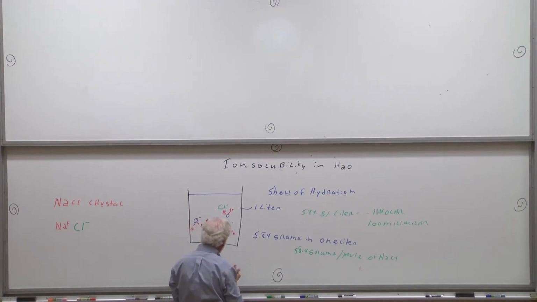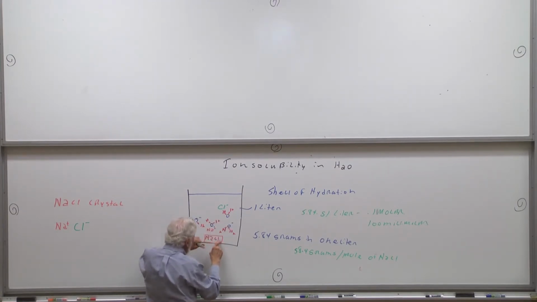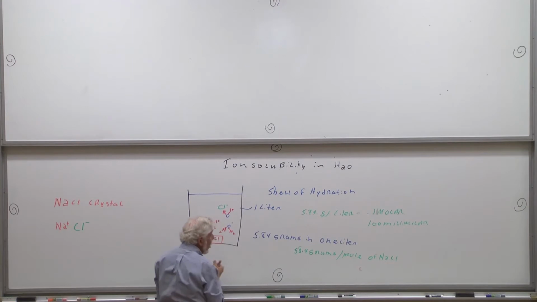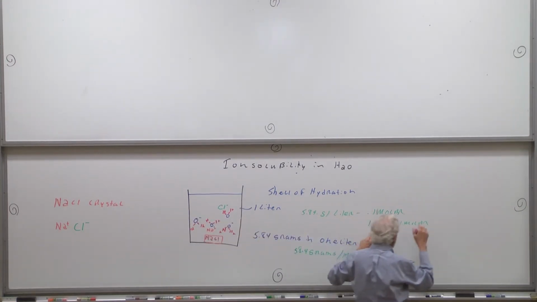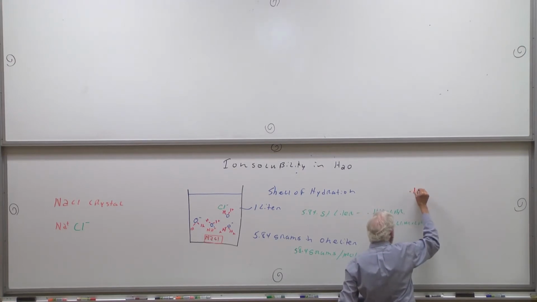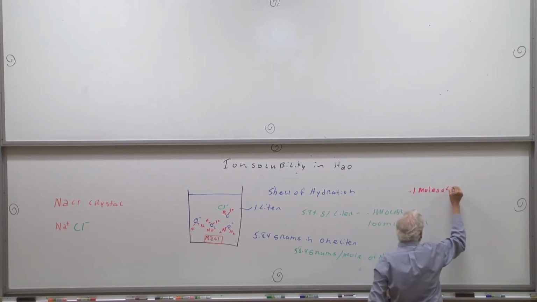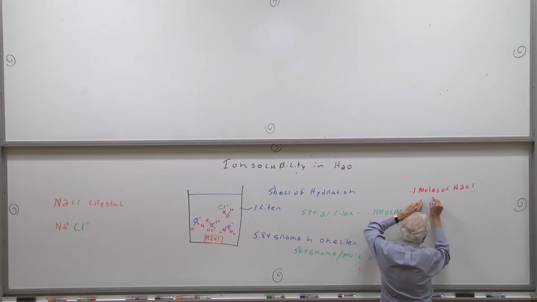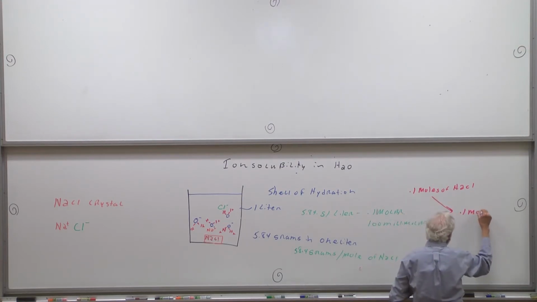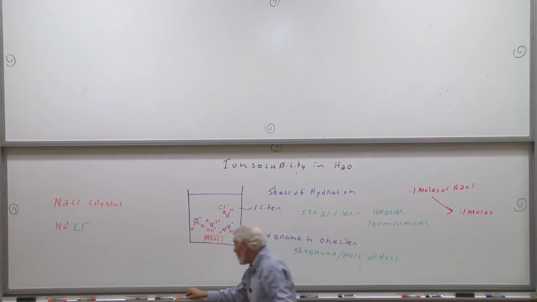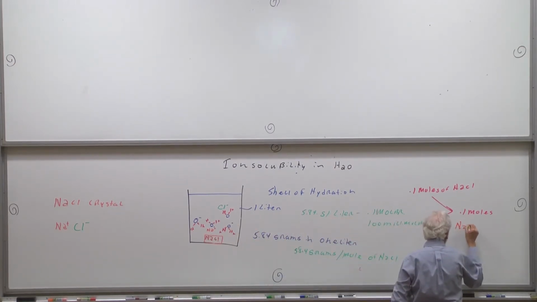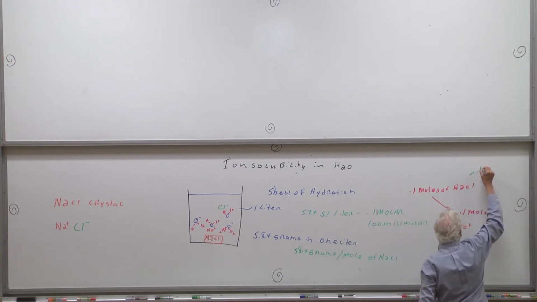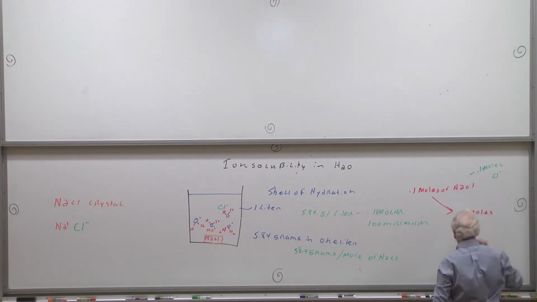And the other thing I should point out here is that because the sodium and the chloride completely dissociate into a sodium ion and a chloride ion, the 0.1 moles of sodium chloride dissociates into 0.1 moles of sodium ions and 0.1 moles of chloride ions.